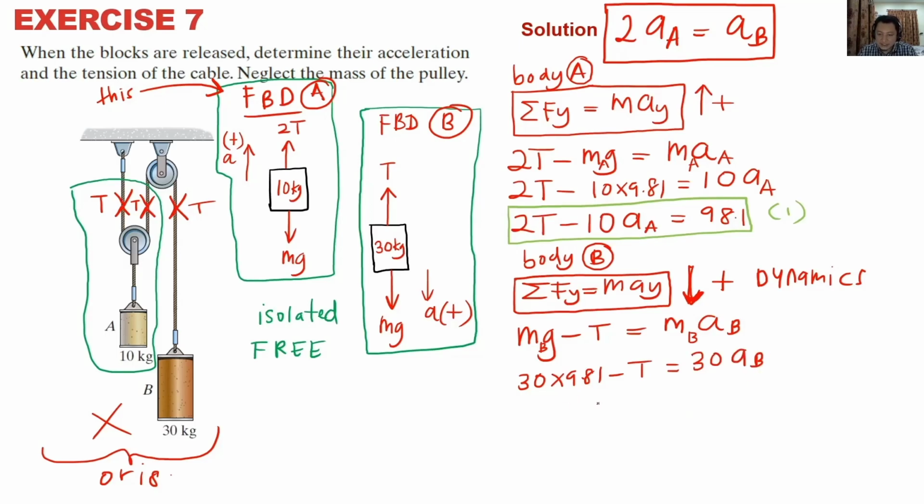So this equation becomes, T ni bawa ke sana lah. So you're gonna get 30 AB campur T sama dengan 294.3.